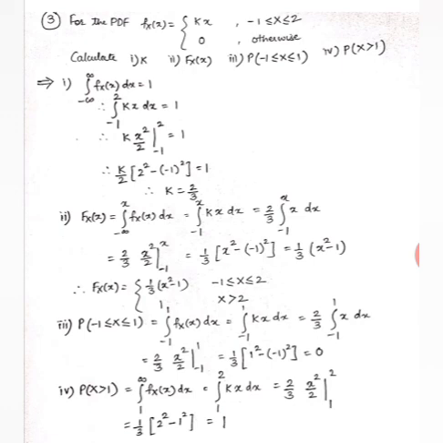So the integral from 1 to 2 of kx dx, with k value 2 by 3 taken out. The integral of x is x square by 2, limits are 1 to 2. So 2 and 2 again get cancelled, 1 by 3 is the common constant. 2 square minus 1 square is 3. So 3 by 3 is equal to 1. So the probability that x is greater than 1 is equal to 1.